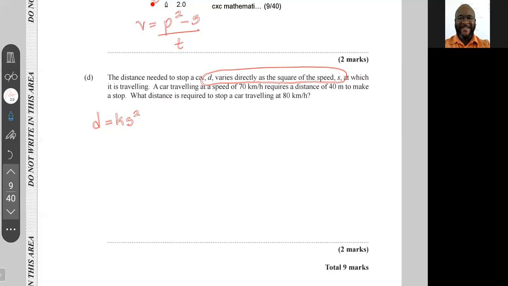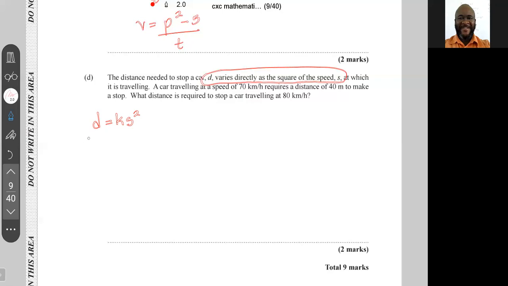If it was inversely, it would be K divided by S squared. So that is step one. Step two, we have to be given a value of D and S so that we can calculate K. So the car traveling at a speed of 70 kilometers requires a distance of 40 meters to make a stop.